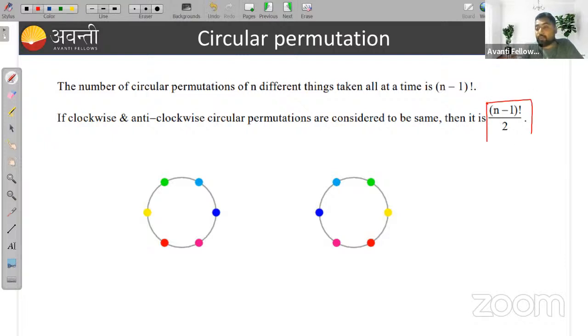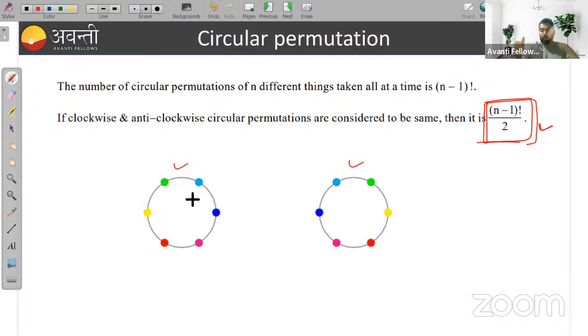That is (n minus 1) factorial by 2. Why are we dividing by 2 here? Because we are considering the same situations twice.